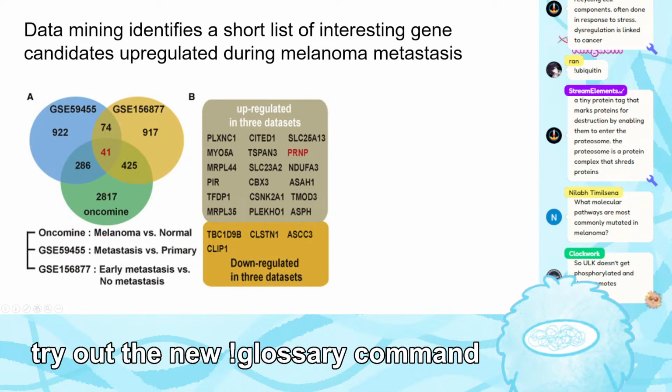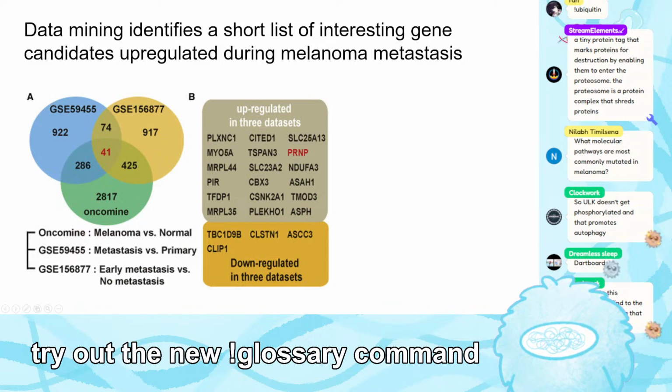Okay, dartboard, Dreamless Sleep says. So that's not entirely incorrect, because we start off this story with a bit of data mining, actually. The authors of this paper took a look at 3 different data sets regarding melanomas. So they have OncoMine here in this, what would you call this, like turquoise?